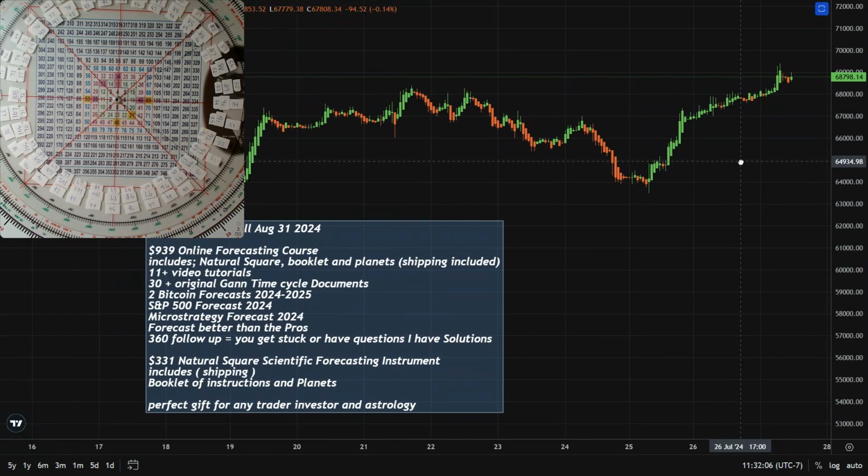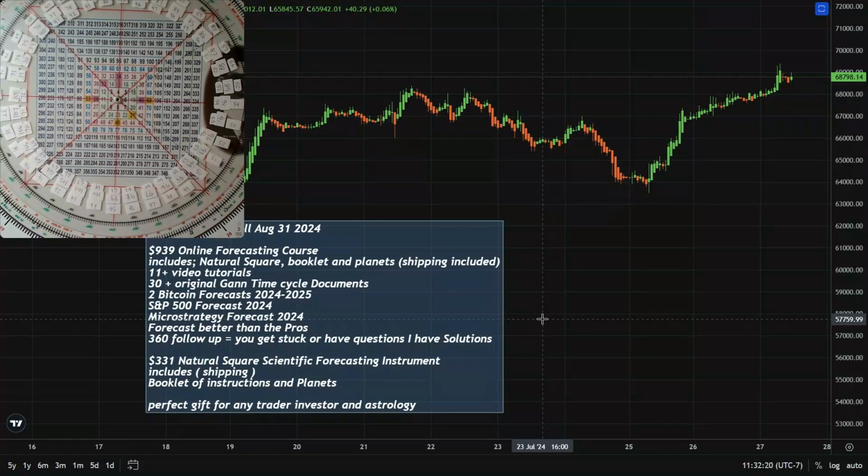And as you guys know, September 11th last year is 180 days to March 13th, 14th, where we made our top exactly. So I expect that we will be having a channel top or swing top and a change in trend again on this September 11th or therein that week.